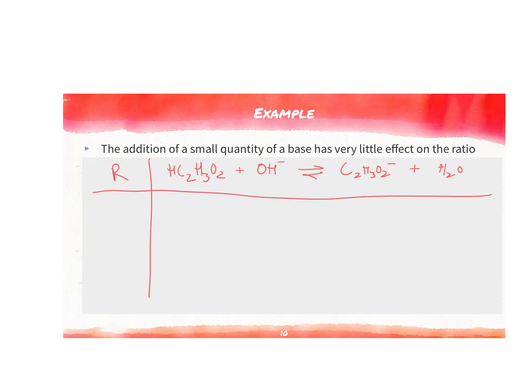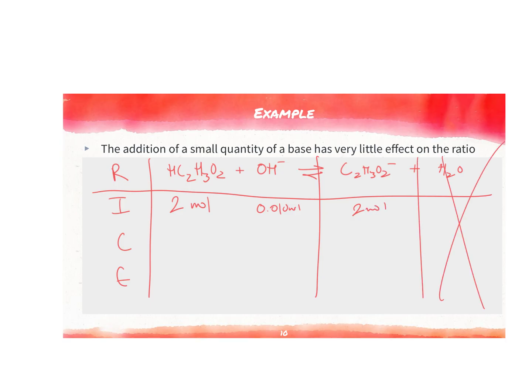Now I'm going to do the rest of the Rice table in terms of number of moles rather than concentration. I have 2 moles of acetic acid, I have 0.010 moles of OH minus, I have 2 moles of acetate anion, and because water is a liquid, we don't consider it in the reaction.